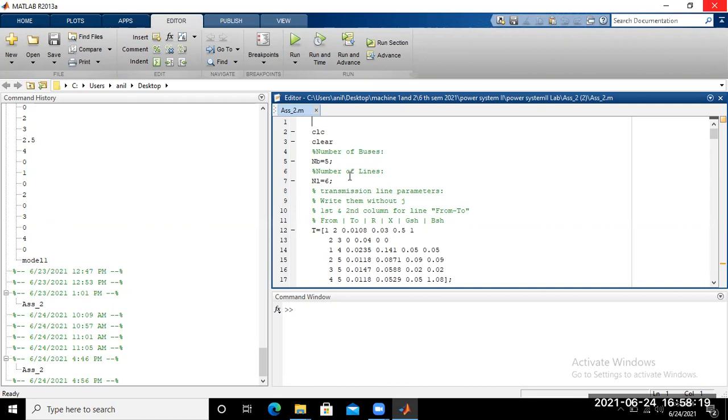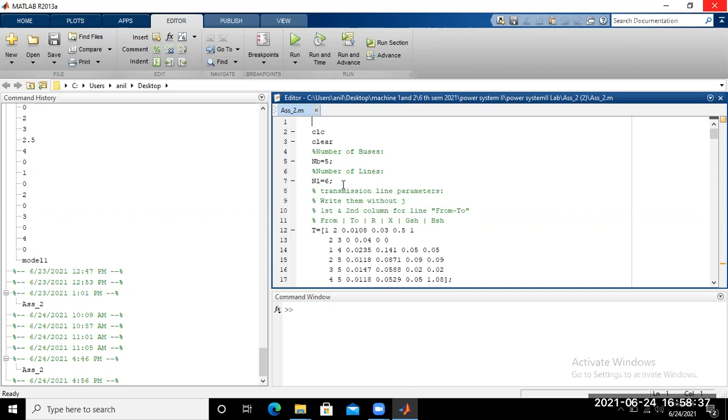It depends on the connections between the buses. So the number of lines, or the number of branches, is equal to 6.